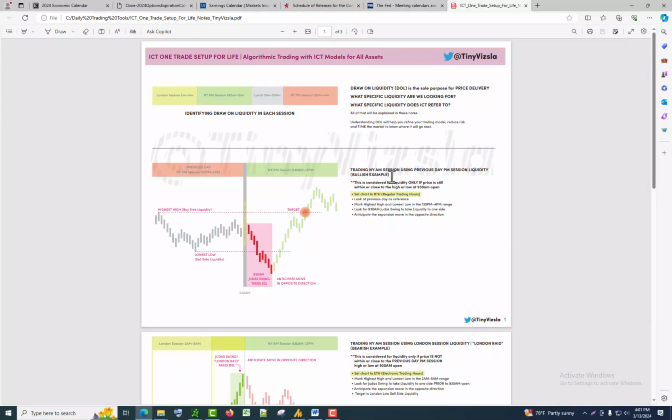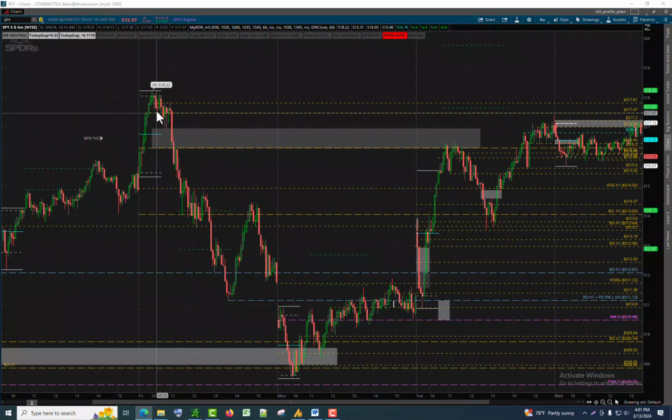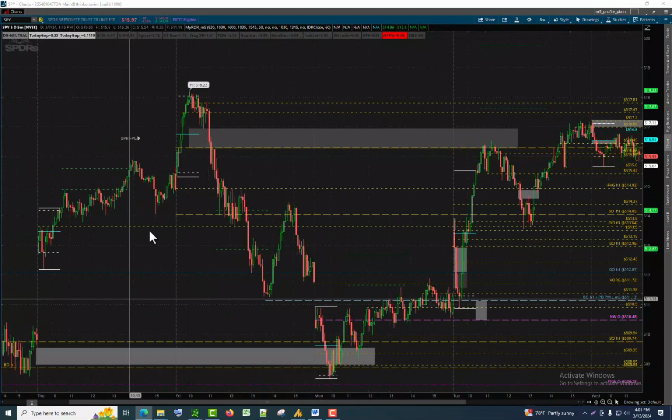Basically it trades the New York AM, this model, but it flips. This model is for a long reversal, but if we flip the model, it fits exactly Friday. Let's take a look. Friday right there, you see that we flip that model.